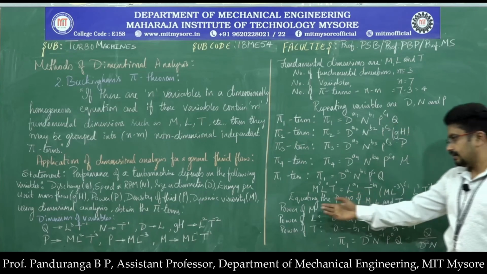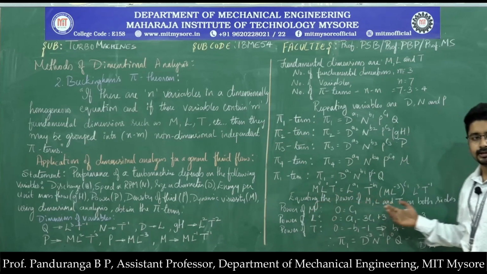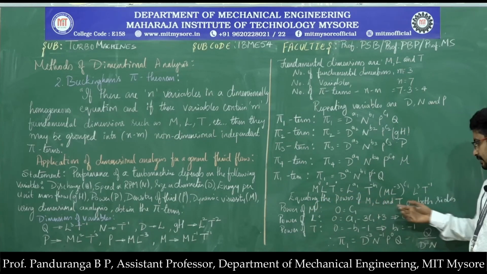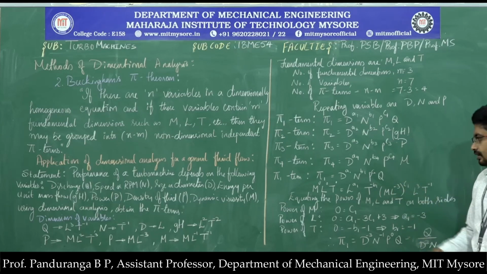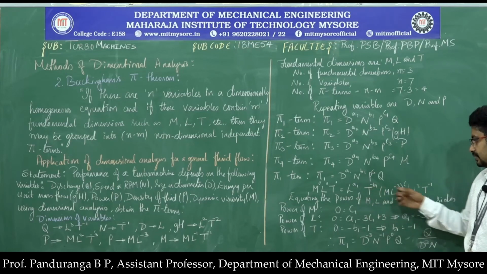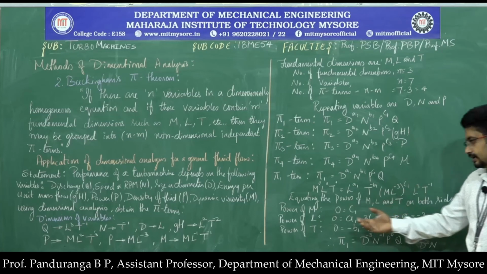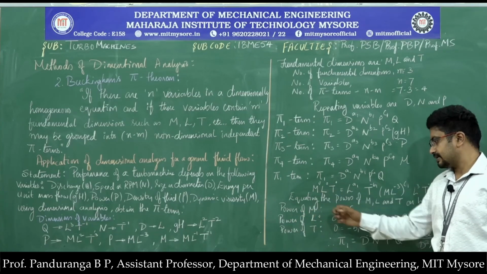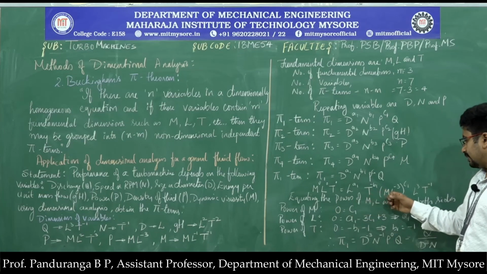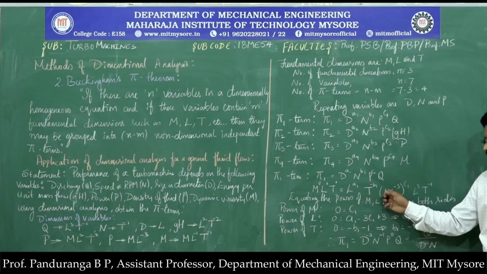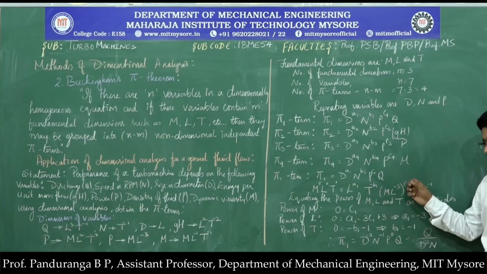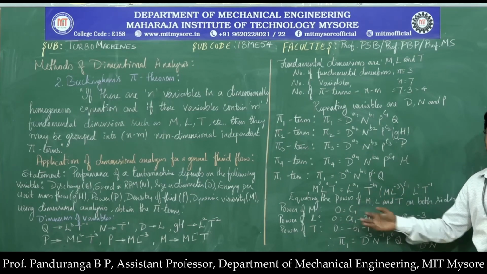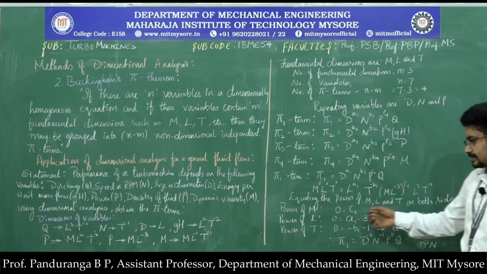Now I need to equate the powers of M, L, T on both sides of the equation to get the values of a1, b1, c1. First I will take the powers of M. On the left hand side it is 0, and on the right hand side we have only one term, the density term, so M to the power of c1. So 0 will be equal to c1, which in turn means c1 is 0.